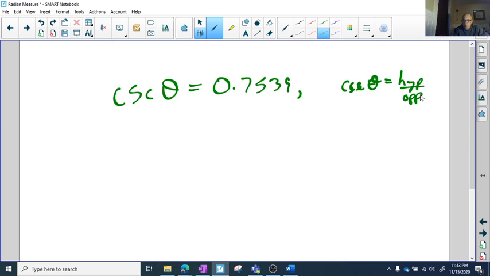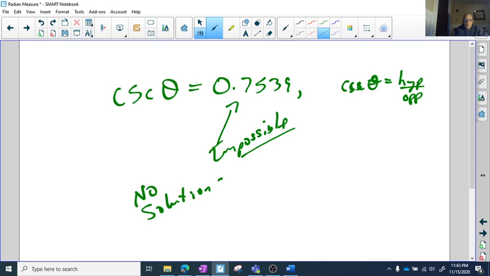And this one should be bigger than this one, which means when you divide this out, you should be getting something more than 1. This is impossible, which means it would have no solutions. So you can have trigonometric situations where there are no possible solutions, no angles that would satisfy those conditions.